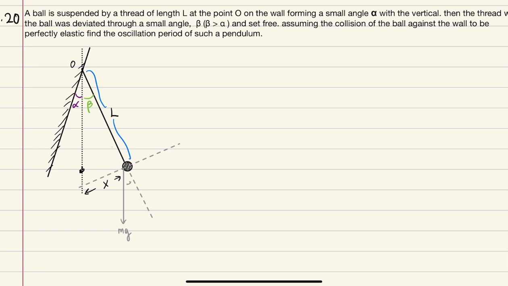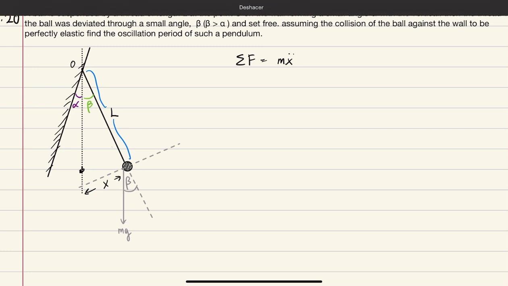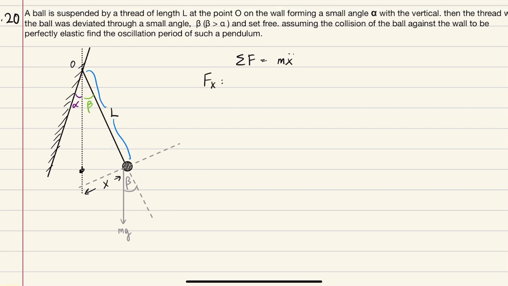And this angle is also beta. So if we write out the sum of forces equal to mass times acceleration, we only have this horizontal force in the x direction, which would be mg sine beta, equal to m acceleration.